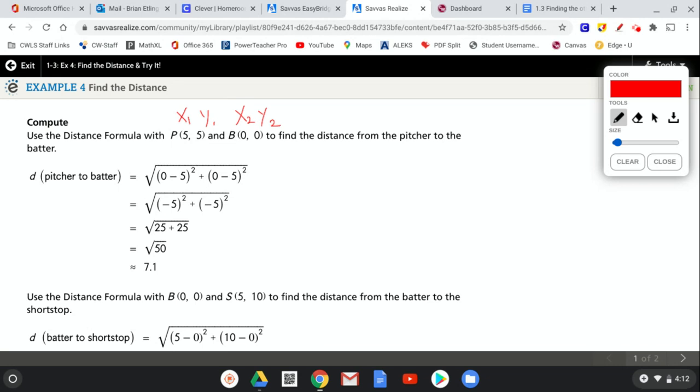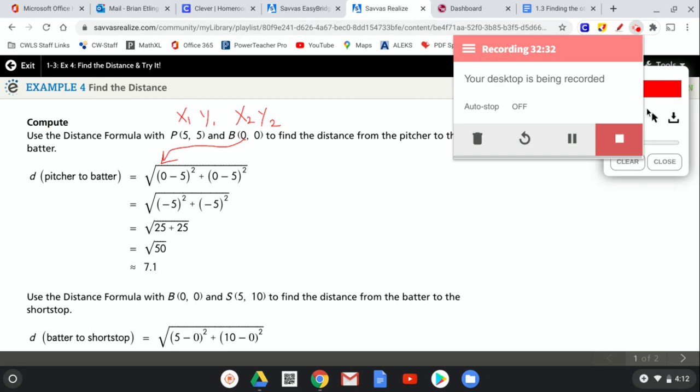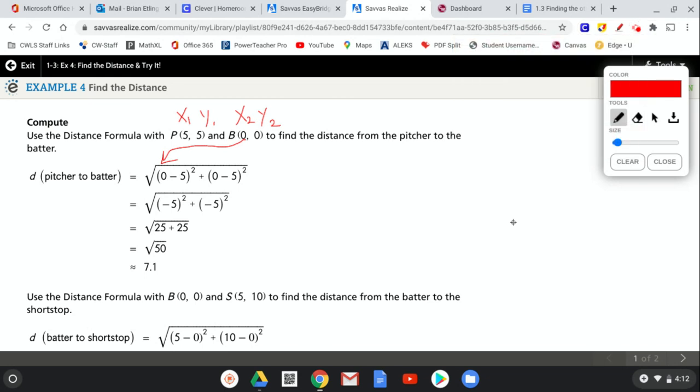And so we're going to plug in x2, and then it also has our x2 and our x1. So we're just plugging those in.